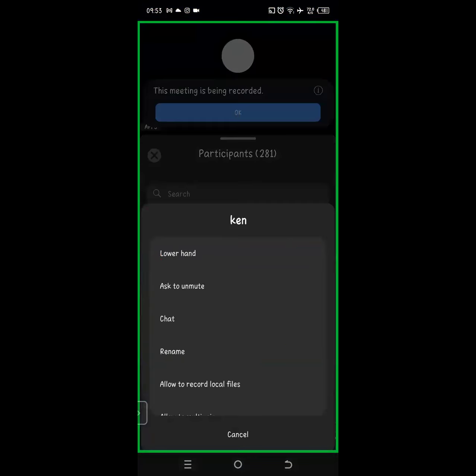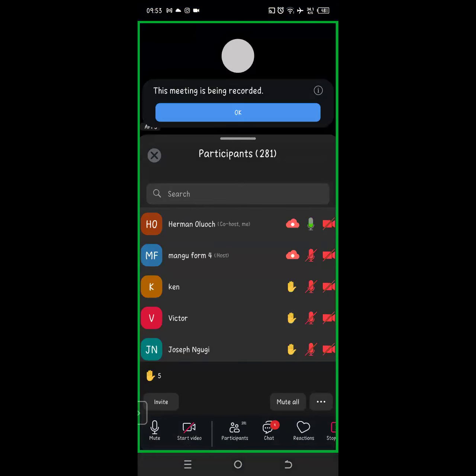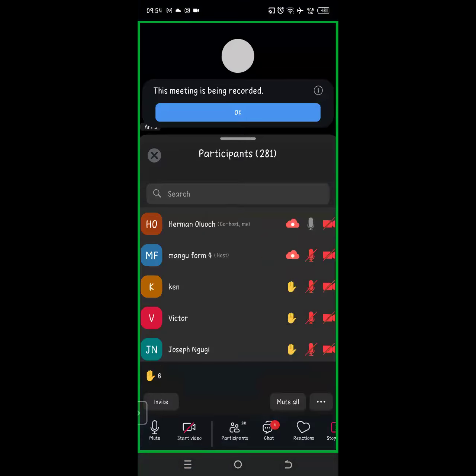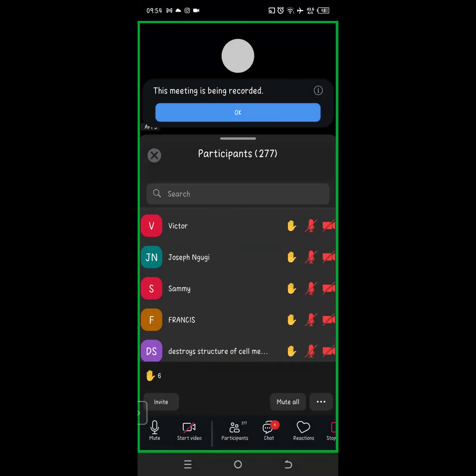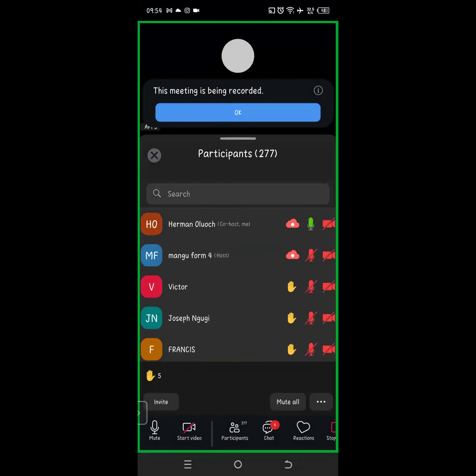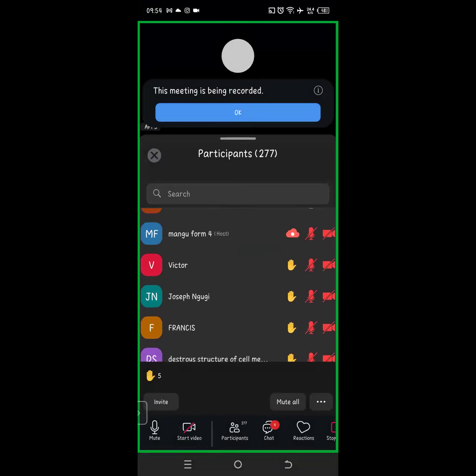Yes, we have Ken. Ken, you can unmute and speak. He's not in a position to explain that. Can someone else? Yes, there is Joseph Ngugi. Ngugi Joseph, can you unmute and speak?